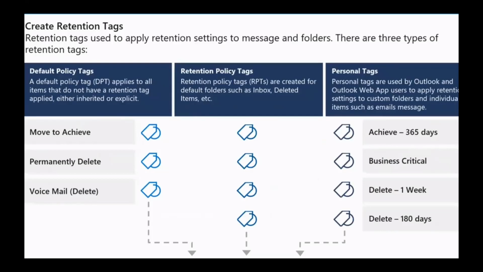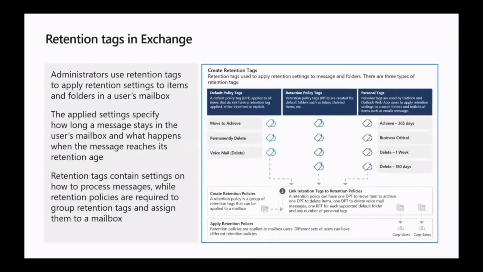For example, to move to archive, to permanently delete an item, to move them to voice mail, or for example, to delete all their voice messages, or to move items to archiving folders after, for example, 1 year, to mark items as business critical information, to delete certain messages after 1 week, or delete a different type of messages after 6 months, for example, okay, and some other policies, all right.